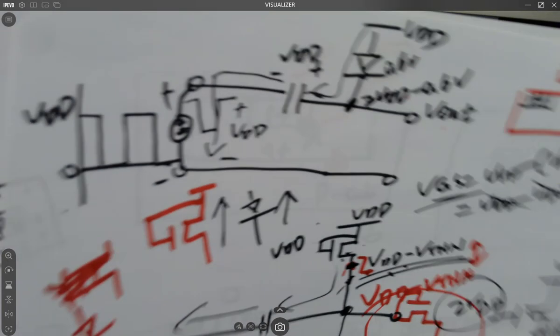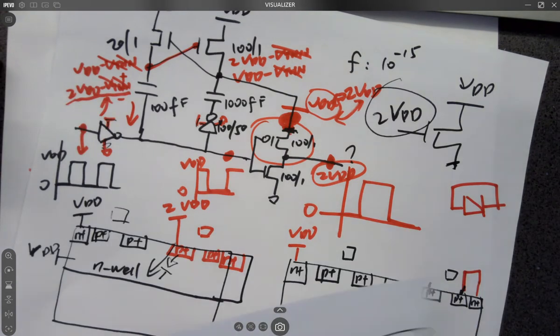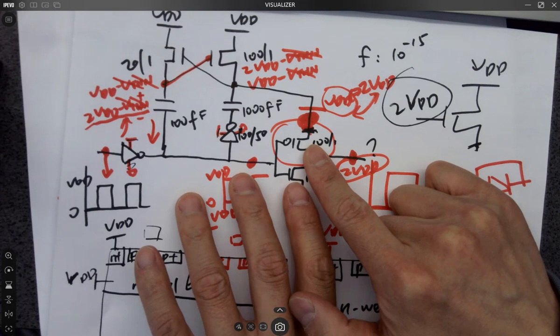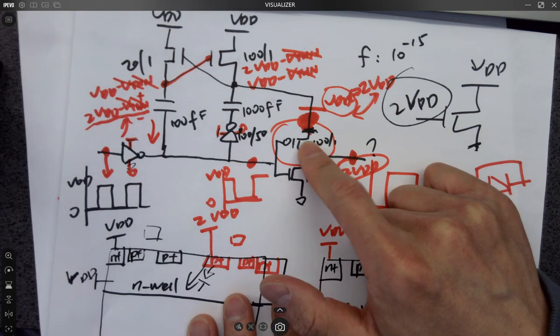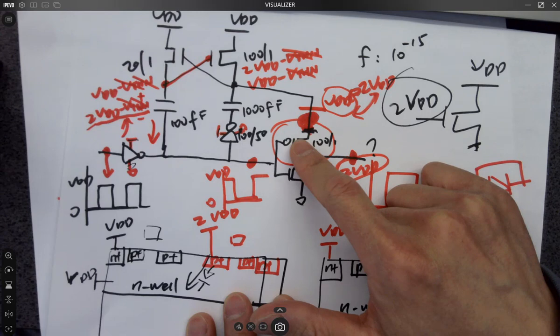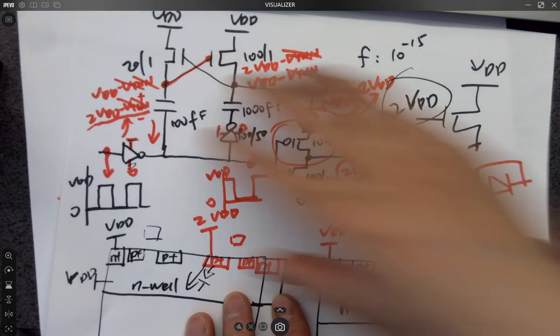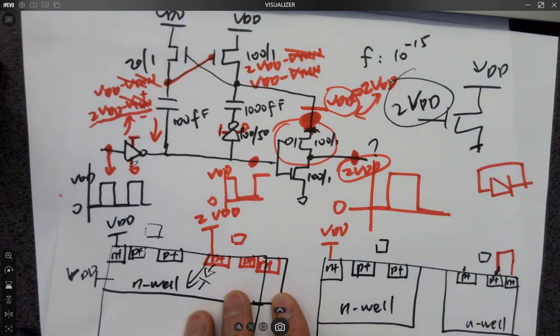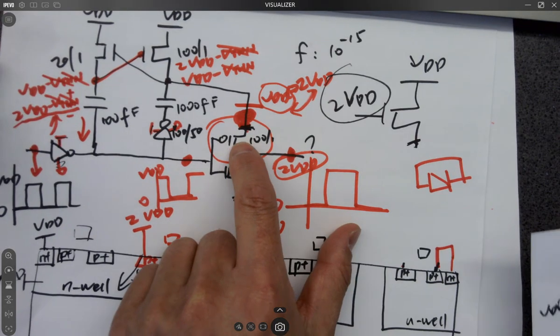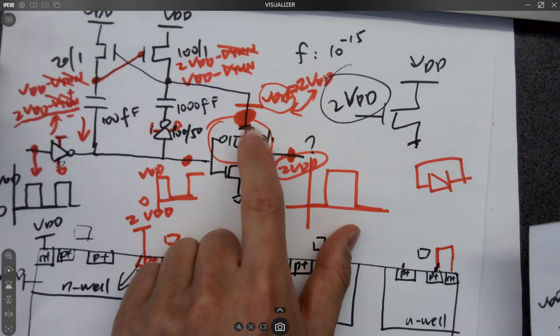However, in your schematic, you don't have the force terminal, and eventually it's not going to pass the well check. We haven't done a well check yet. I don't know if it's going to pass NCC or LVS, but definitely schematic and layout don't match. Because this one doesn't have the force terminal, by default the force terminal is shorted to VDD.